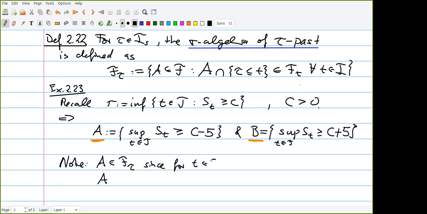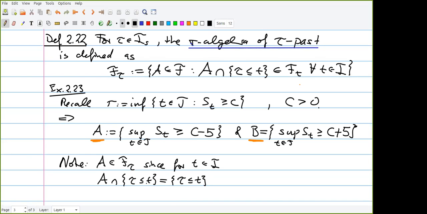Let's consider t in the index set I. What we want to show is that the intersection of A with the event tau less than or equal to t is in F t. And this is nothing else than tau less than or equal to t.